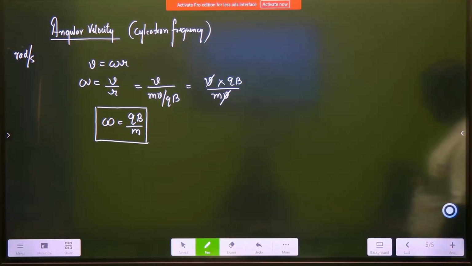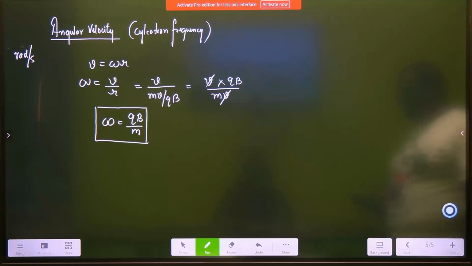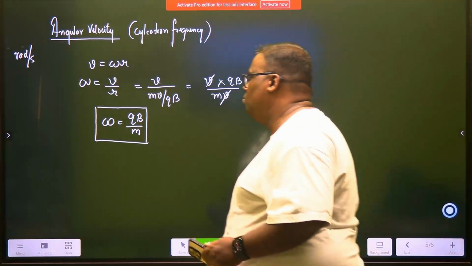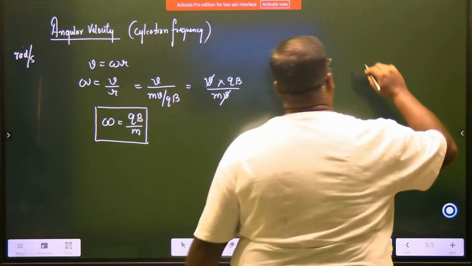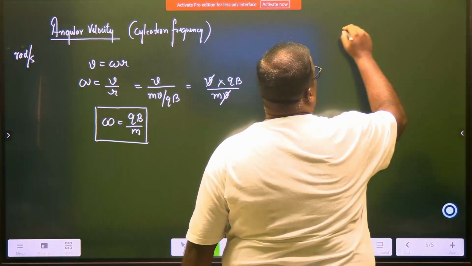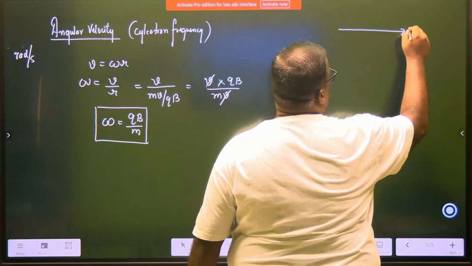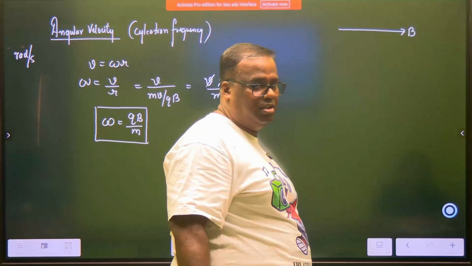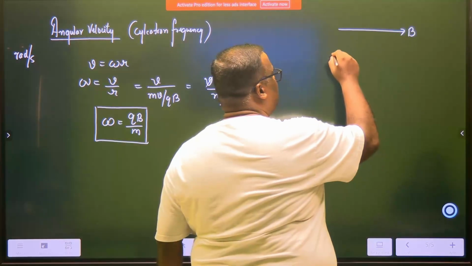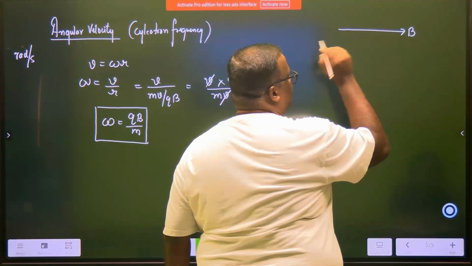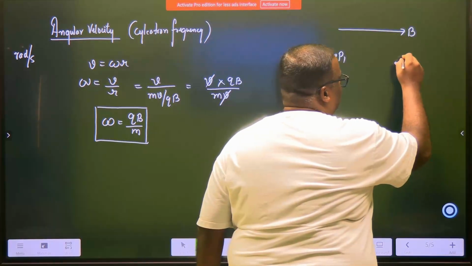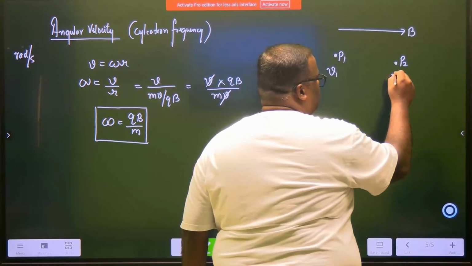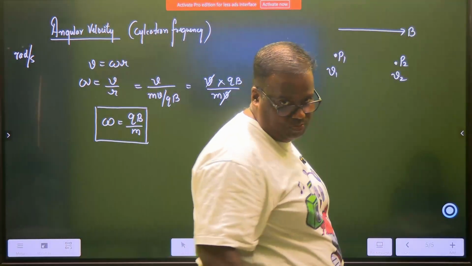That's why particles with different speed but the same q by m. Now listen, children, there is a magnetic field which is B. Here there is one particle called P1 and another particle called P2. P1 is moving with speed V1, P2 is moving with speed V2.